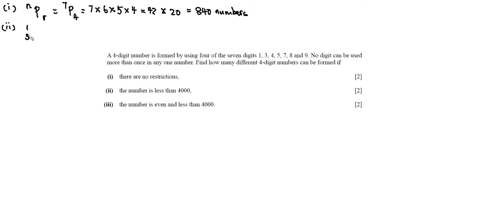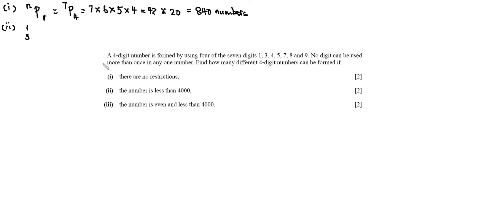If I start with these 2 digits, then the number will be less than 4,000. The remaining 3 numbers don't really matter, as long as the first number is 1 or 3.